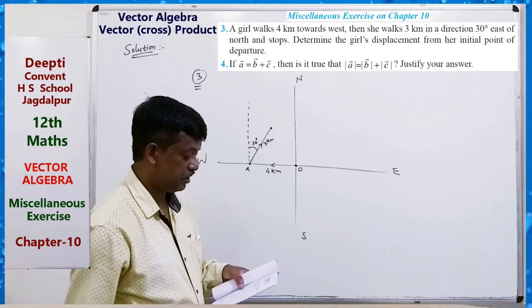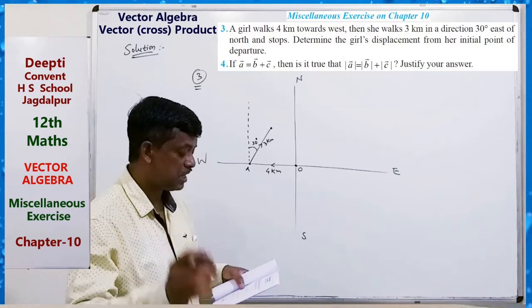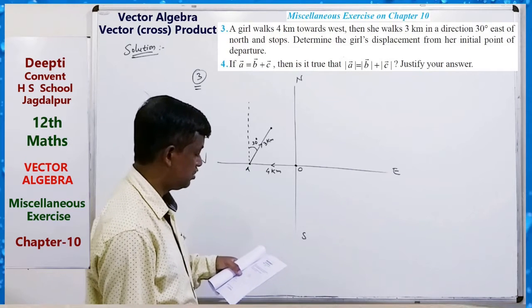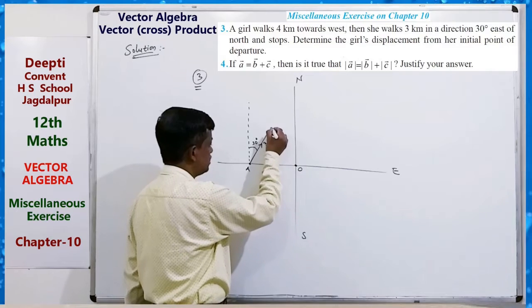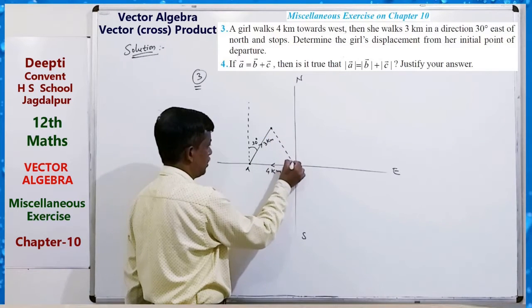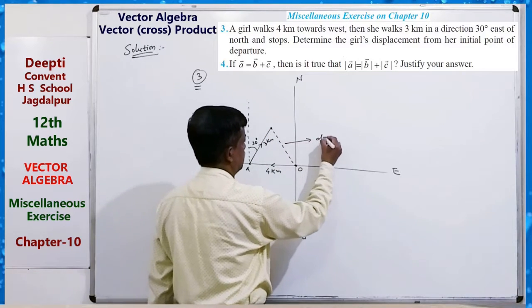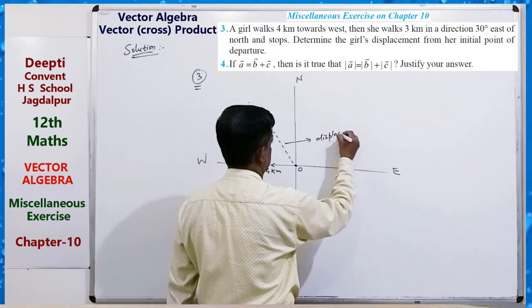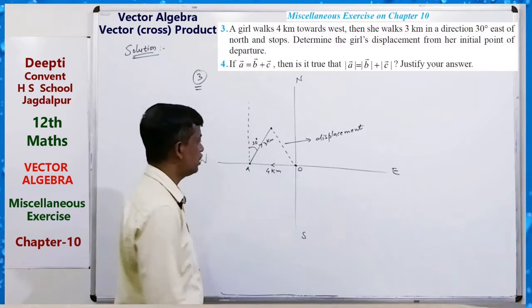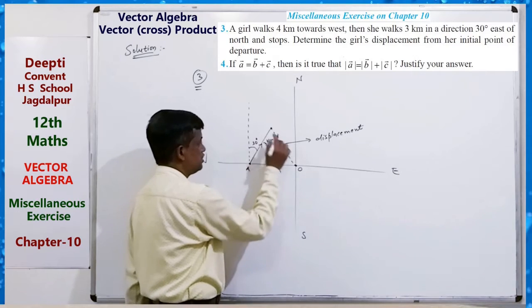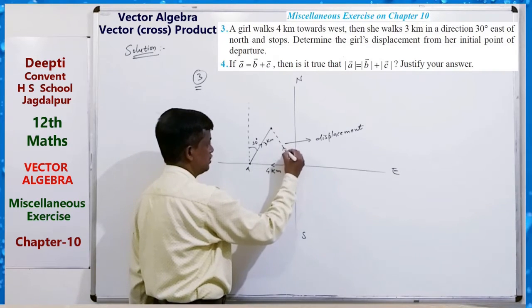And then stop. So determine the girl's displacement from the initial point of departure. This is the initial point. So this is the displacement. So this plus this gives this.